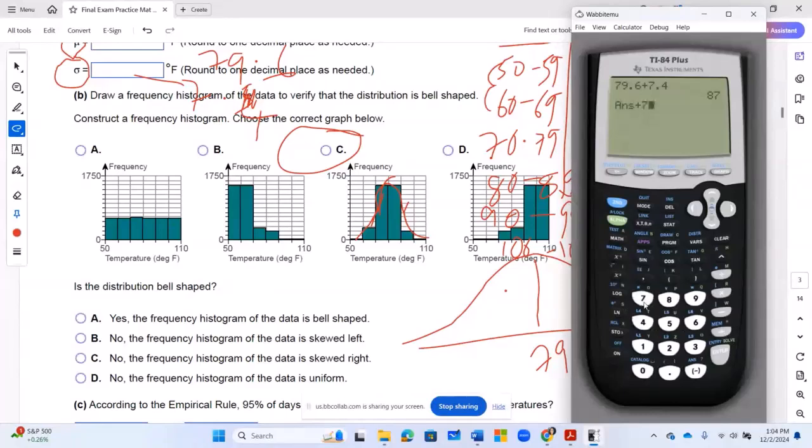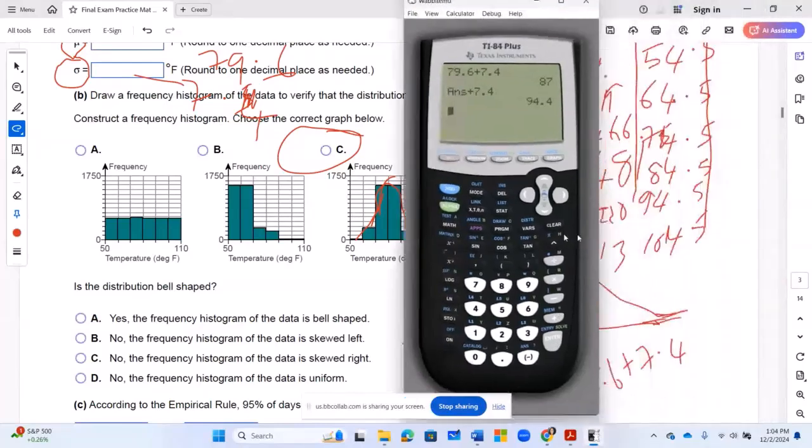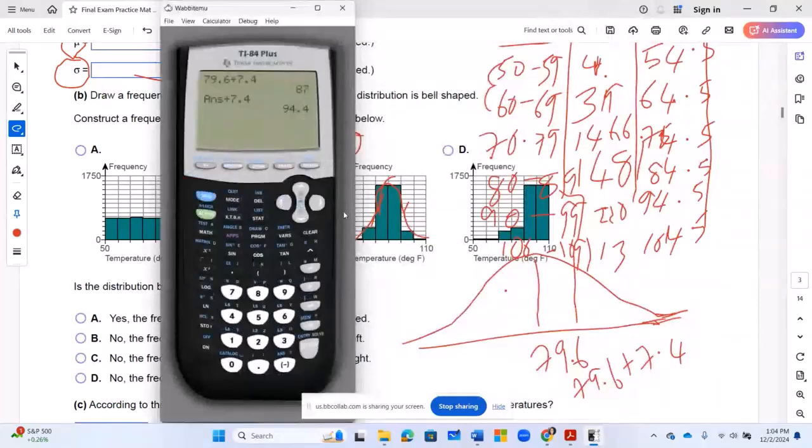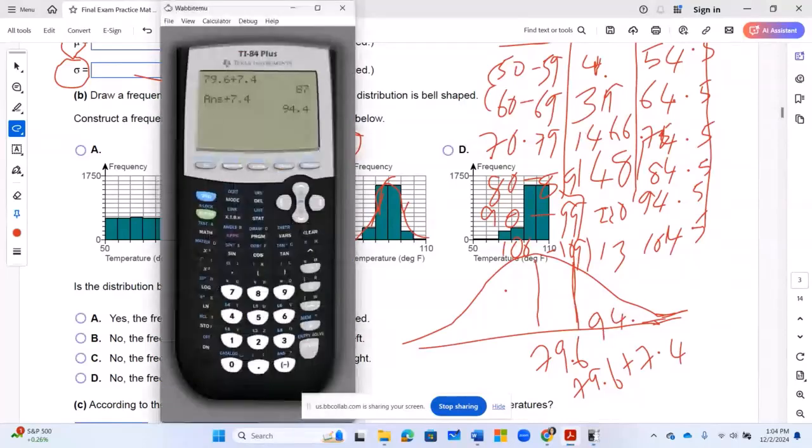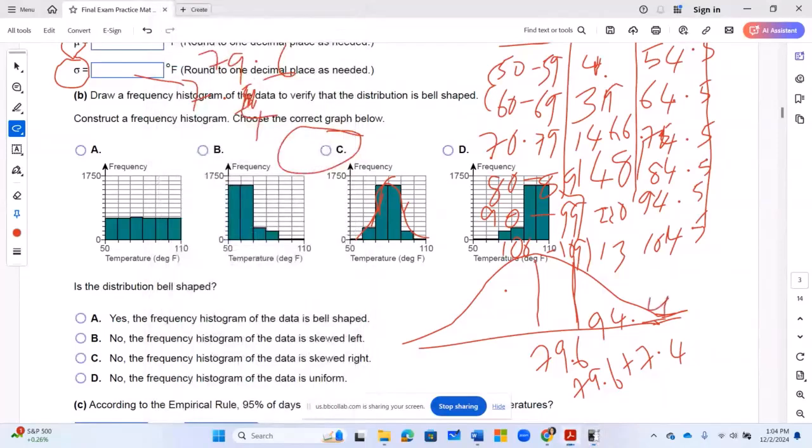There are so many ways you can do it. So 2 standard deviations above the mean is 94.6. So 94.6 is on the right. Is it 96 or 94? Let me check. Yes, 94.6.